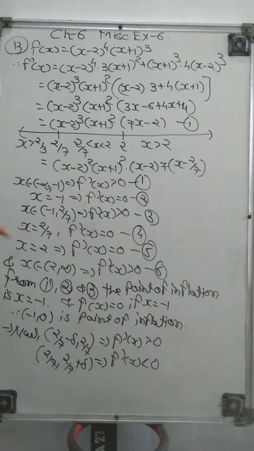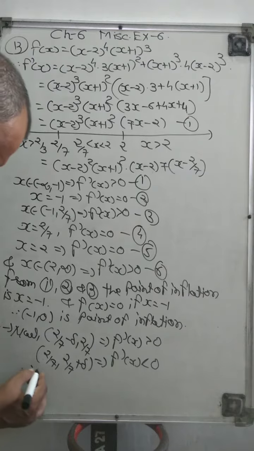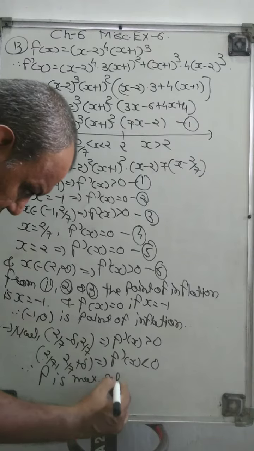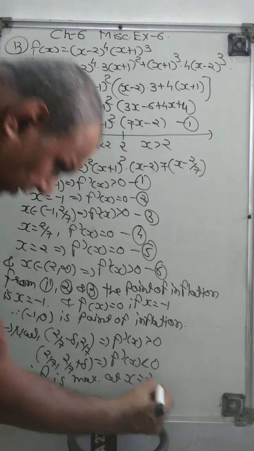So here the function is increasing and here the function is decreasing. Therefore 2/7 is the point of maximum value. Therefore f is maximum at x equal to 2/7.